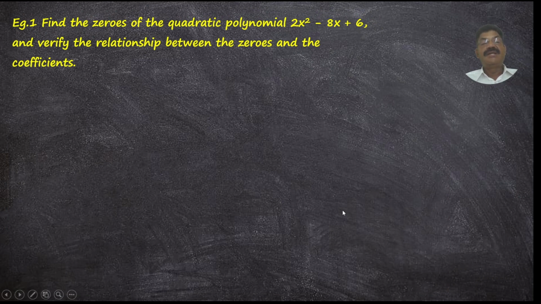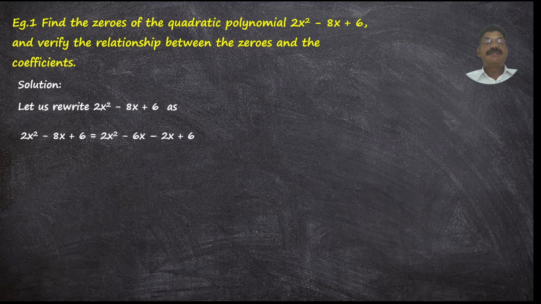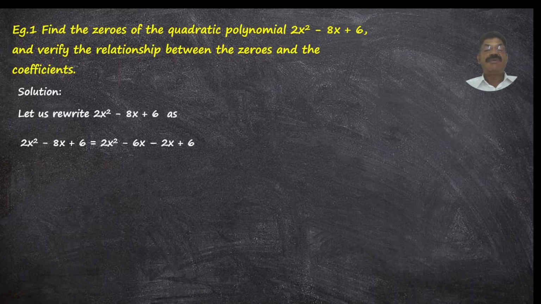Now, example 1. Find the zeros of the quadratic polynomial 2x square minus 8x plus 6 and verify the relationship between the zeros and the coefficients. Solution. Let us rewrite 2x square minus 8x plus 6 as 2x square minus 6x minus 2x plus 6. We should know how to separate minus 8x.